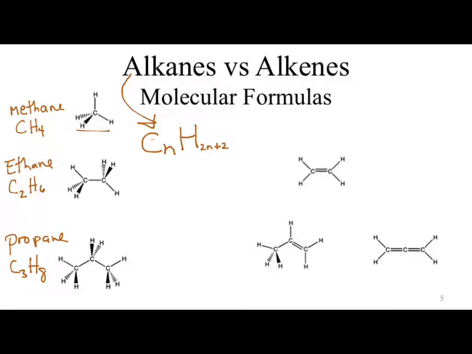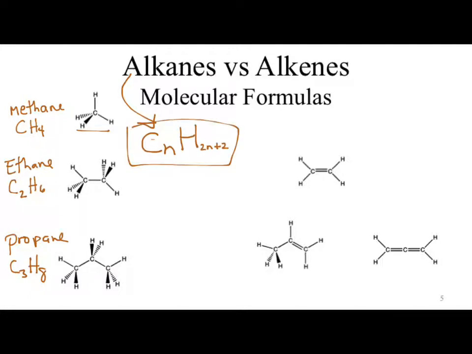Does that match our formula for ethane? Yes. How about for propane? What's n equal to? 3. 2 times 3, 6 plus 2, 8. Does that match our formula? Yes. So this is a standard formula for alkanes.